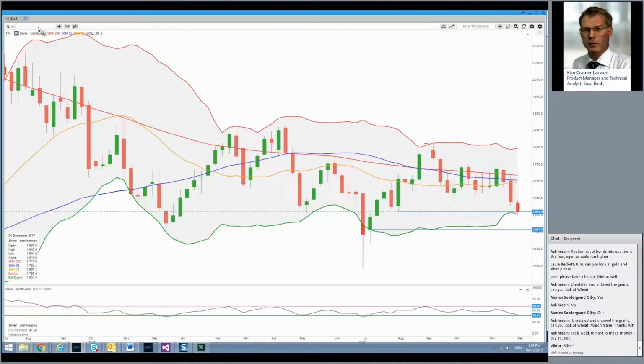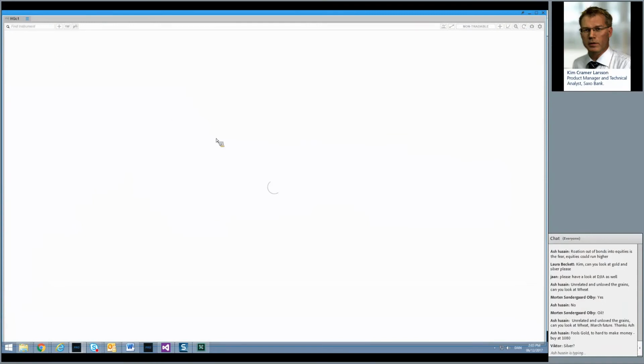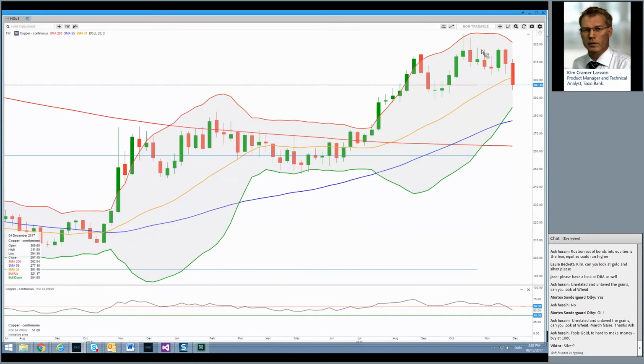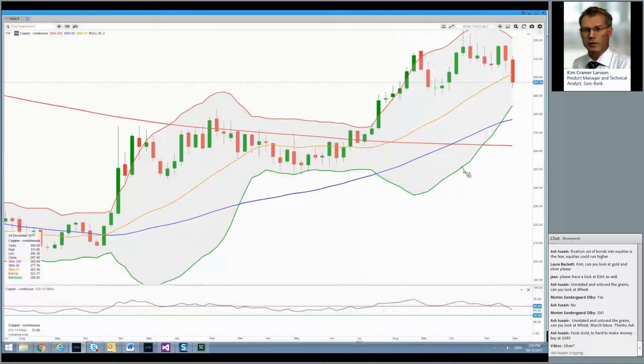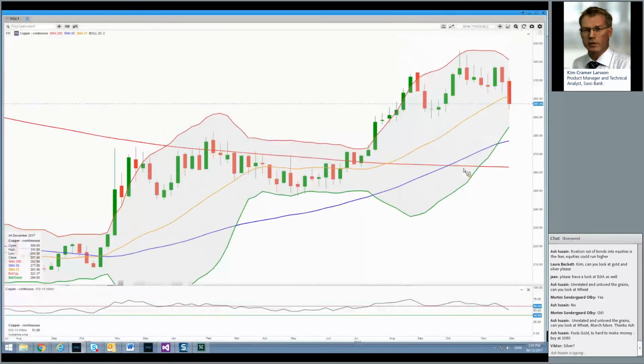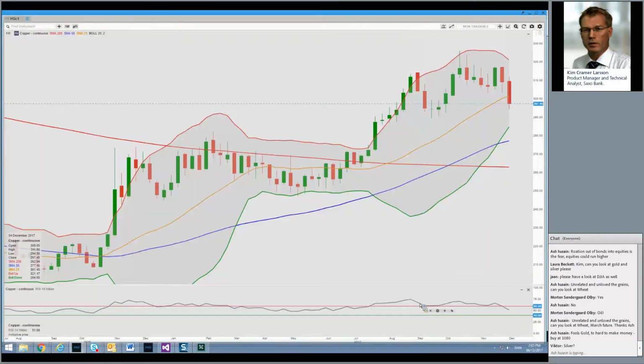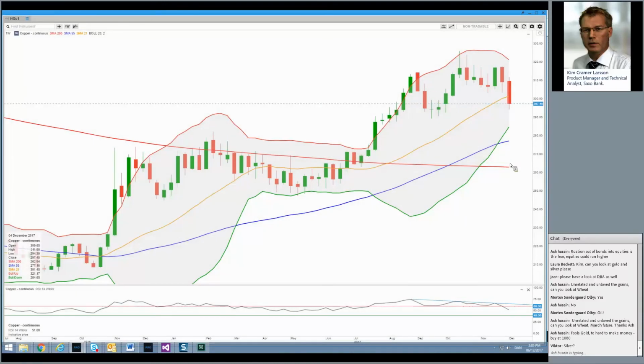And let's round off with copper. Seems like everyone was jumping into copper. Maybe it has topped out now. A couple of days of weakness, and as you can see here, also some divergence. Maybe that is what's kicking in at the moment, with higher highs.